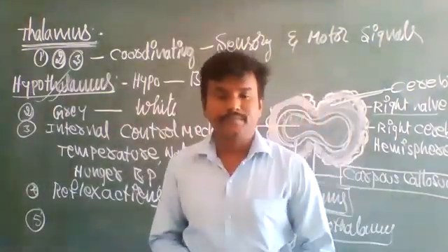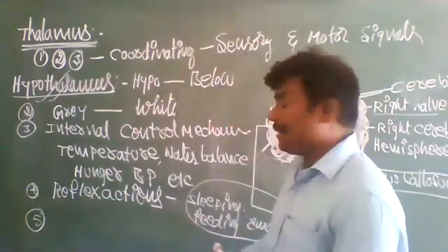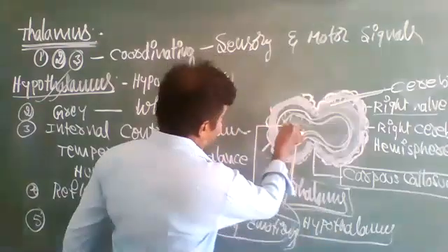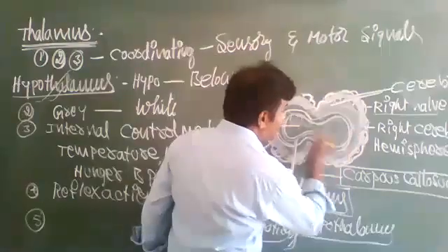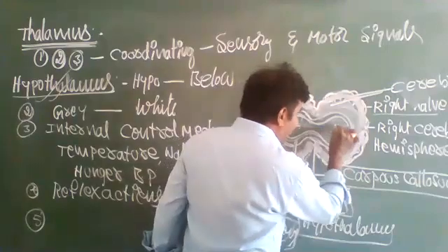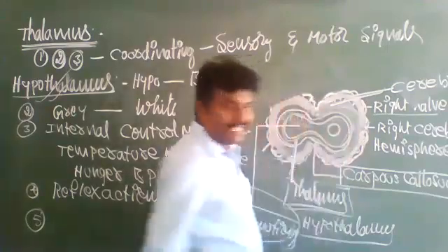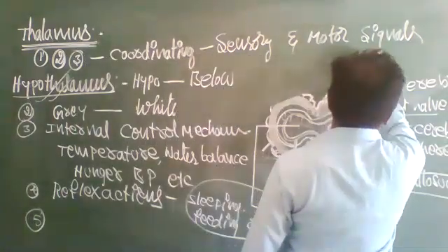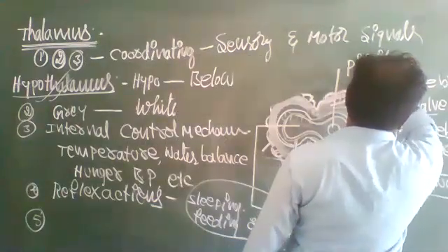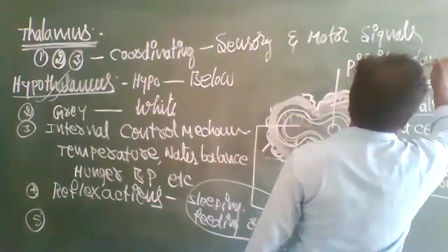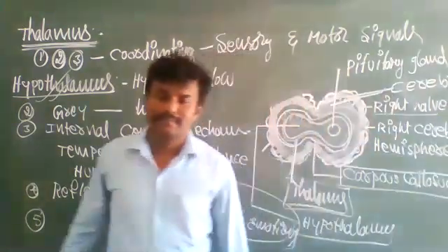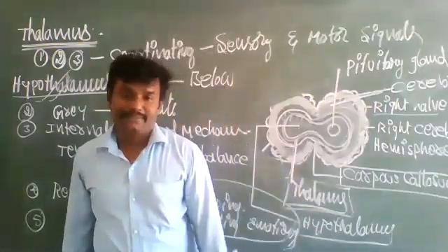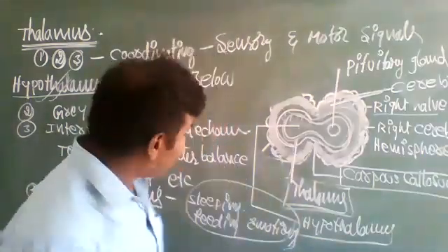Next, last and final, hypothalamus. Actually, this is thalamus, I say, and this region is hypothalamus. This hypothalamus is associated with the gland that is called pituitary gland. The hypothalamus is associated with the pituitary gland and releases a number of hormones.